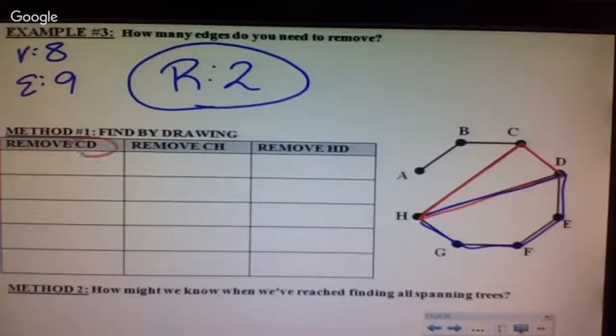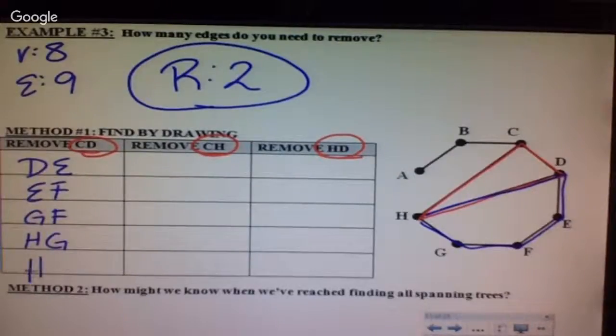I've got CD, CH, and HD. In the second circuit, in the blue one, I have 5 options. I've got DE, EF, GF, HG, and H to D. Those are my 5 options from the other one.